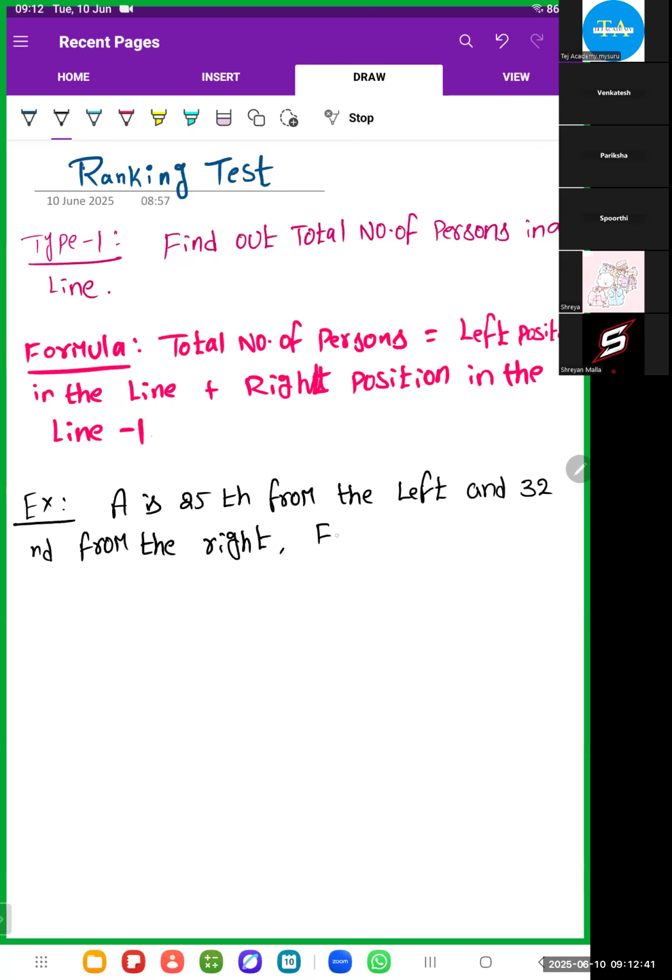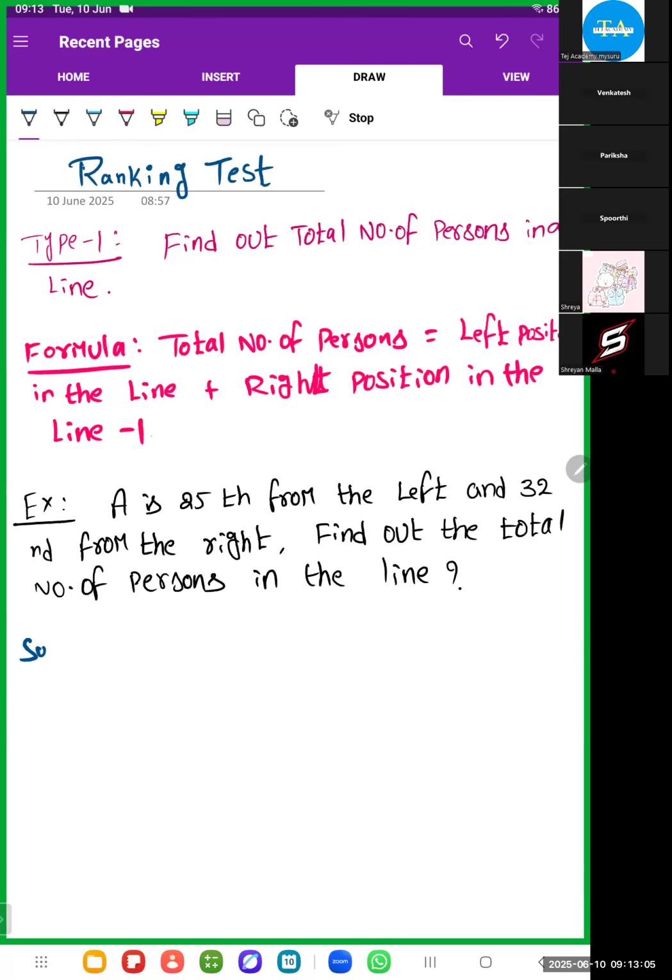So find out the total number of persons in the line. Okay. So in this line, how many persons are there? A is 25th from the left and 32 from the right.